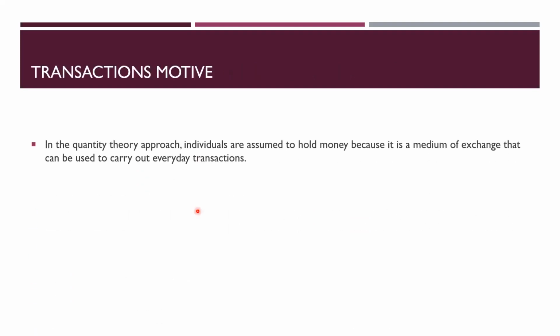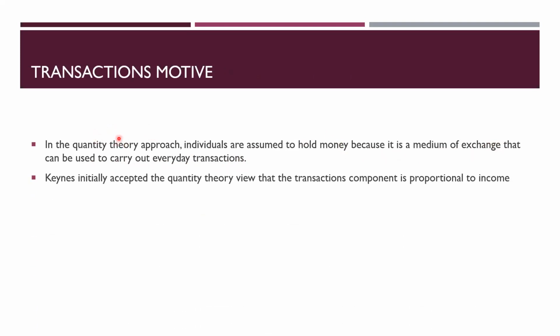Number 1, we start with the transaction motive. In the quantity theory approach, individuals are assumed to hold money because it is a medium of exchange and can be used to carry out everyday transactions. So Keynes initially accepted the quantity theory of money view that the transactions component is proportional to income.